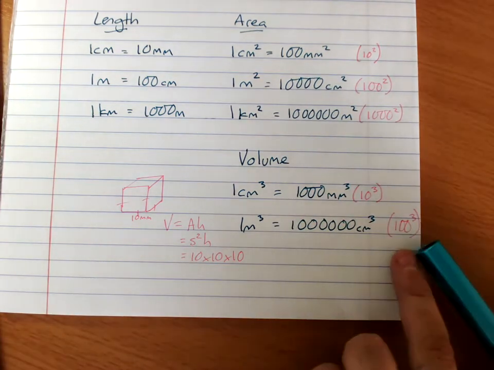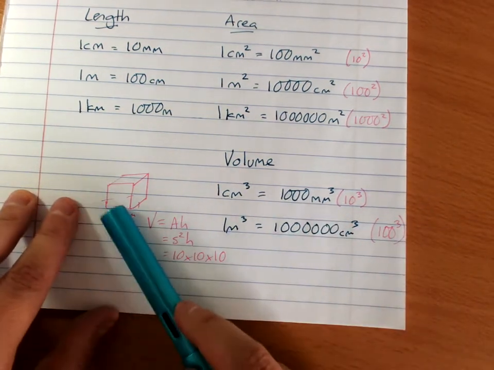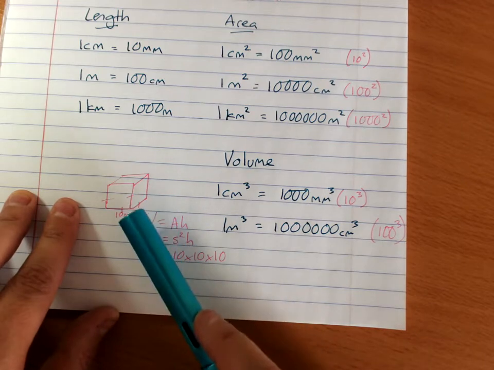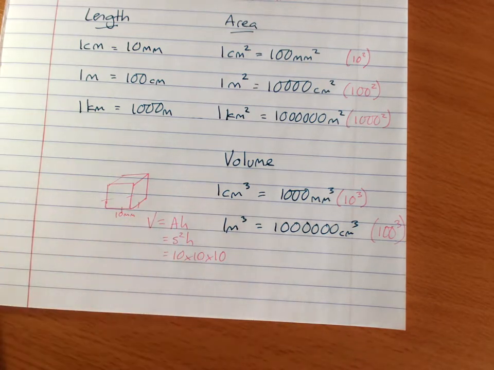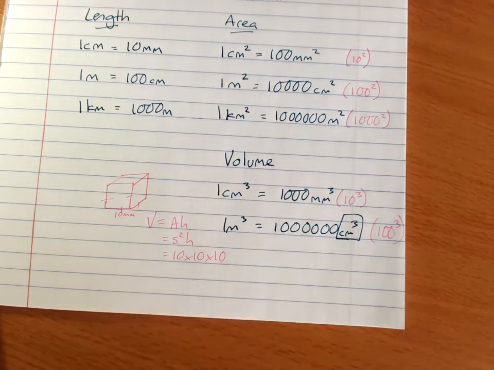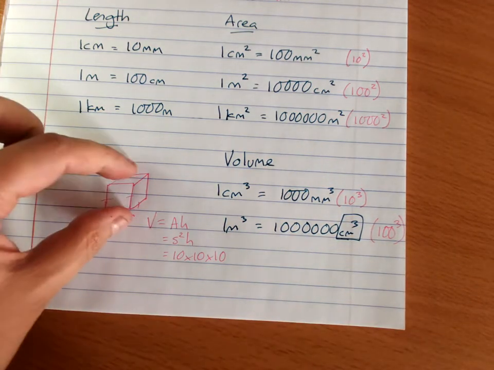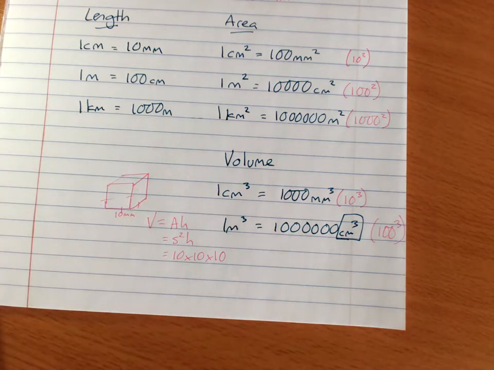Now this is cubing the length because that was 10 by 10 by 10. Remember that that's totally separate from the fact that I am measuring cubic units. A centimetre cubed says I've got a little tiny box that's 1 centimetre by 1 centimetre by 1 centimetre. The amount of space inside that is what I'm counting. How many of these little boxes could I have?